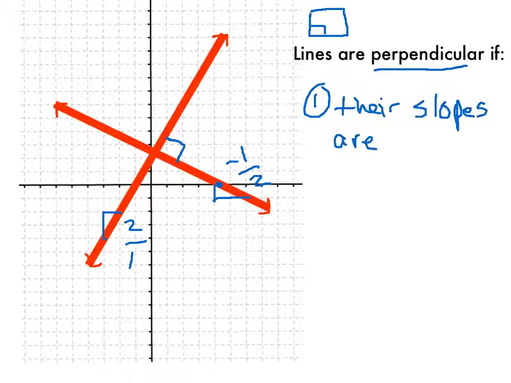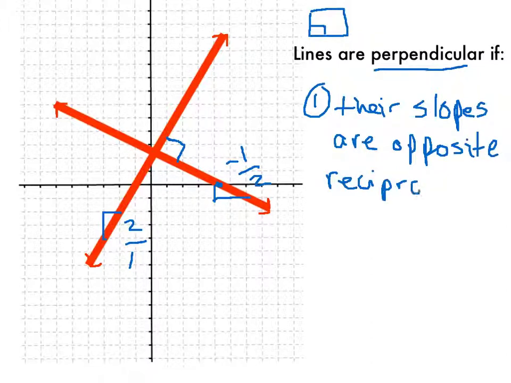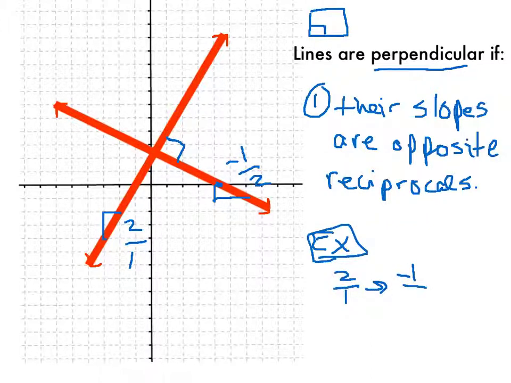Opposite just means one of them is positive, one of them is negative, and reciprocal tells us about the numerator and denominator. So in this example, we see that 2 over 1 and negative 1/2 are opposite reciprocals.